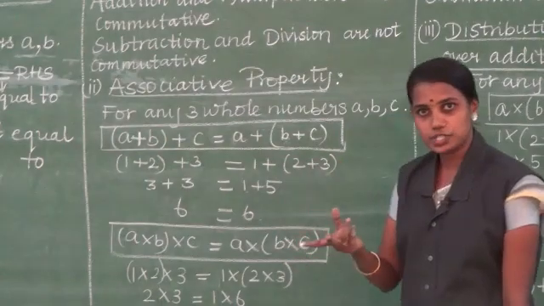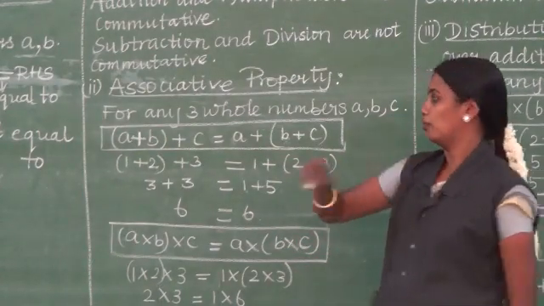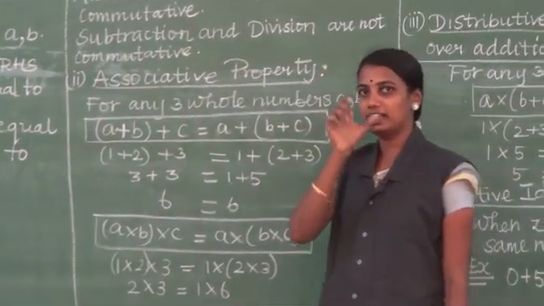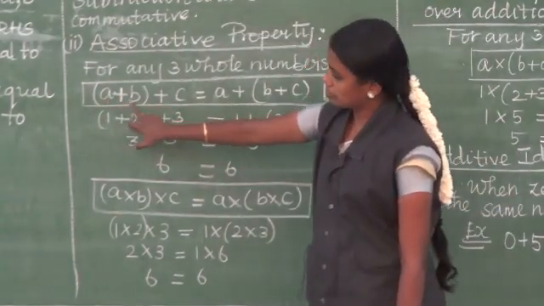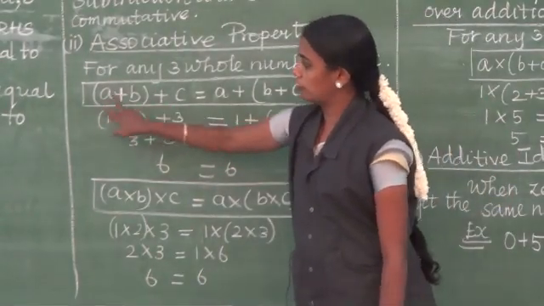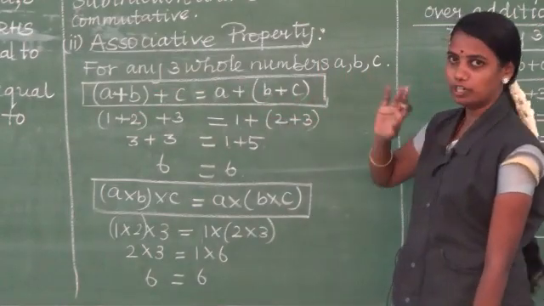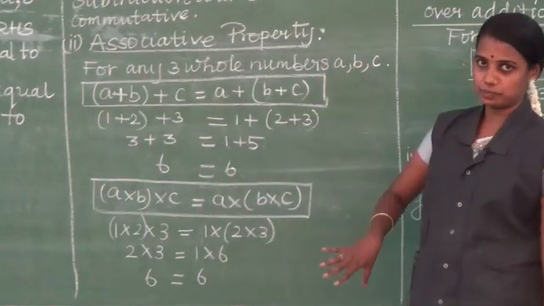Either you can add the first 2 numbers or the last 2 numbers. Why did I put the bracket? Because the bracket should be solved first. Here I chose the first two numbers, so the first two are in brackets. Here the last two, so the last two are in brackets. Clear?